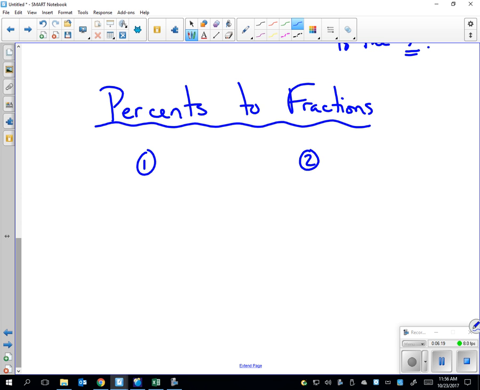So, like, you put the percent over 100. Good. I'm going to put that as our quick, easy, even if it's a decimal percent, I could put it over 100, and I'll be done changing it into a fraction. I should probably multiply by 10 in the numerator and denominator until those decimals are gone. So, first way is put the percent over 100.